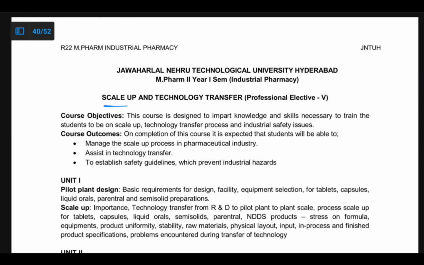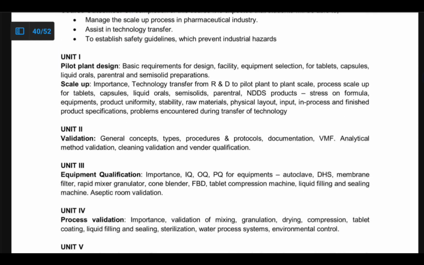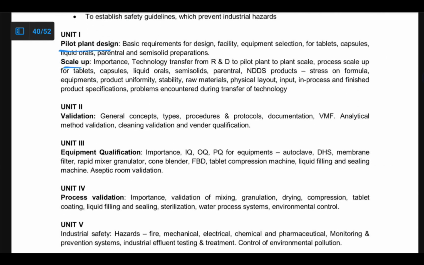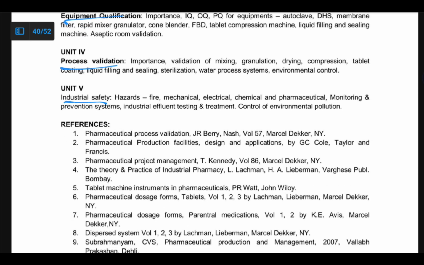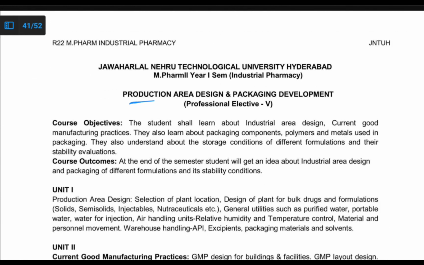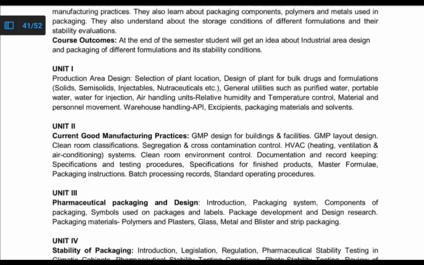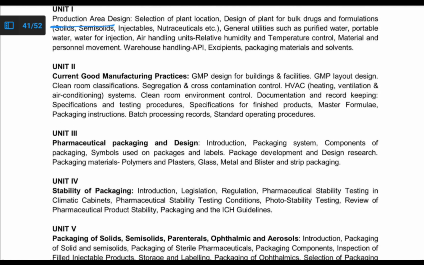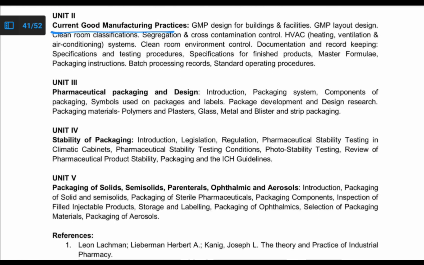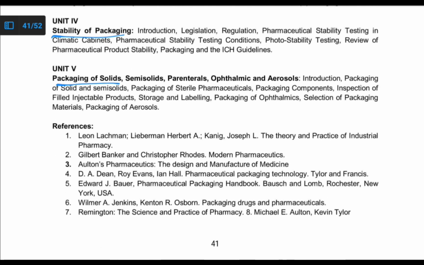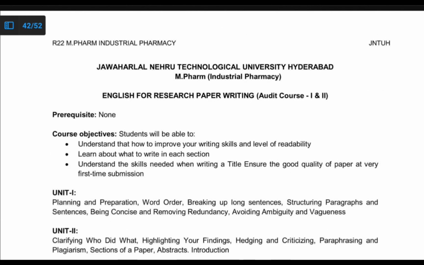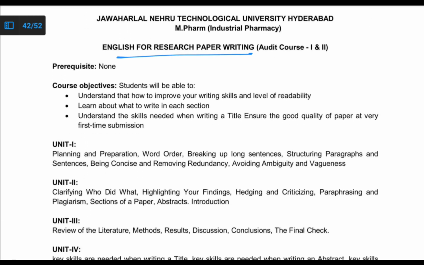Then we have scale up and technology transfer: pilot plant design, scale up, validation, equipment qualification, process validation, industrial safety hazards. Production area design and packing development: production area design, current good manufacturing practices, pharmaceutical packing and design, stability of packing, packing of solids, semi-solids, parenterals, ophthalmics and aerosols. And then we have English for research paper.